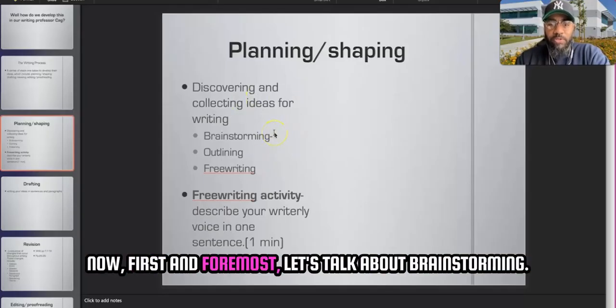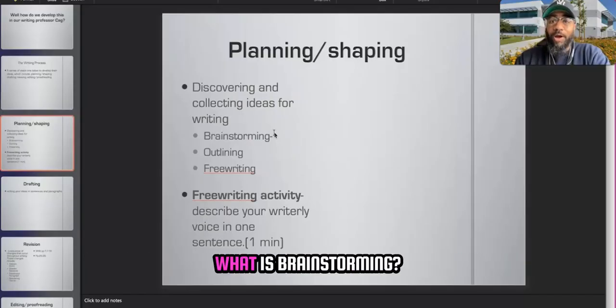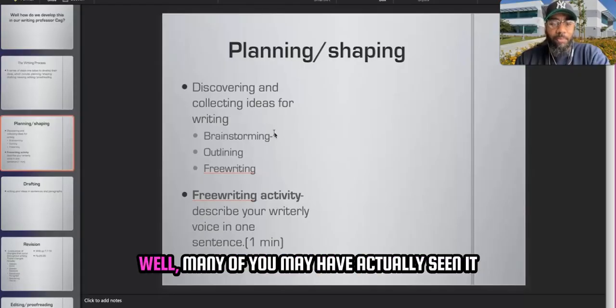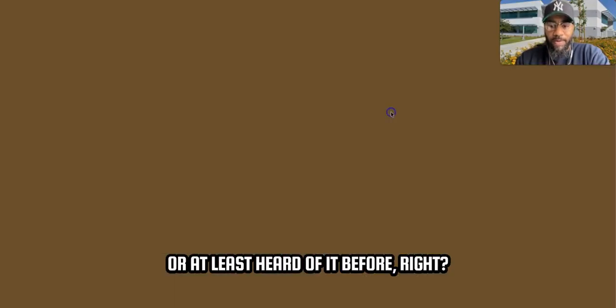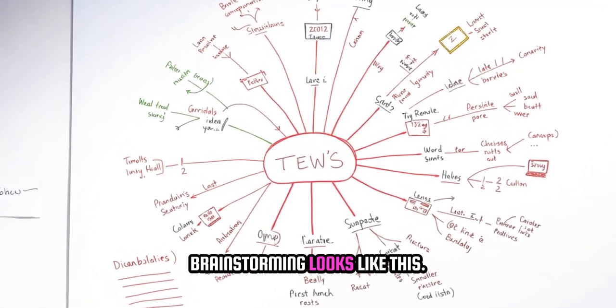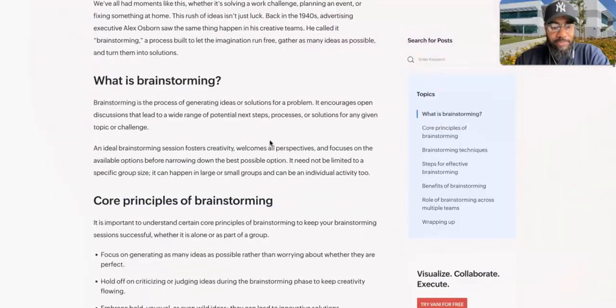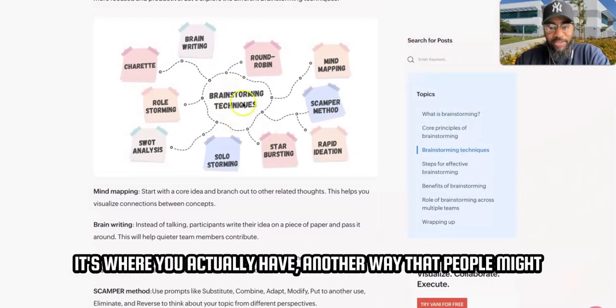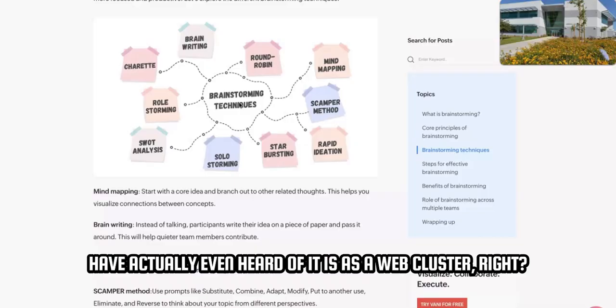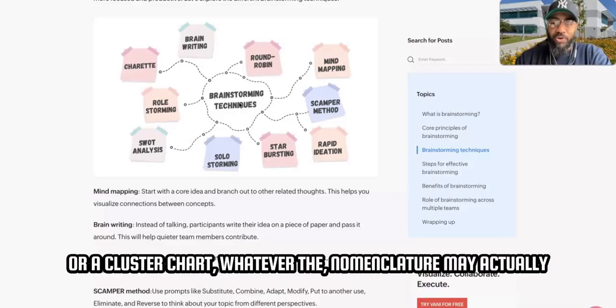Now, first and foremost, let's talk about brainstorming. What is brainstorming? What does it look like? Well, many of you may have seen it or at least heard of it before. Brainstorming looks like this. Another way people might have heard of it is as a web cluster, or a cluster chart.